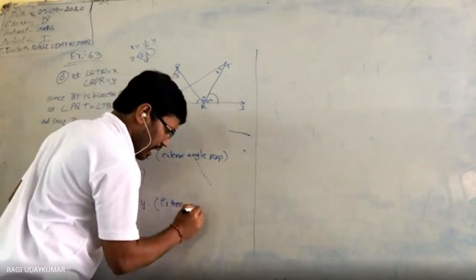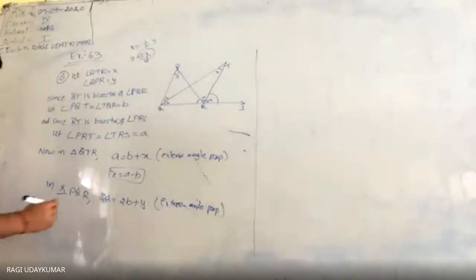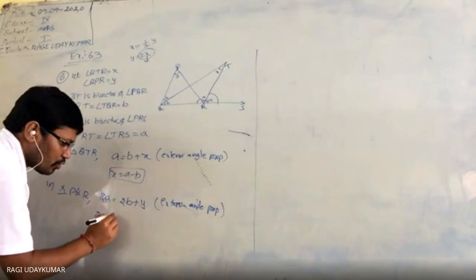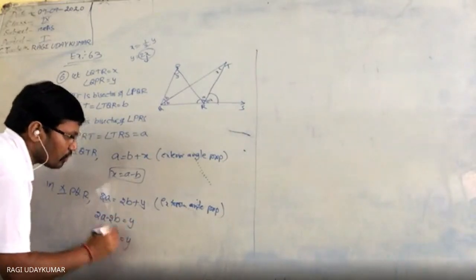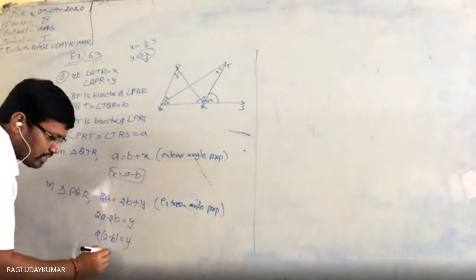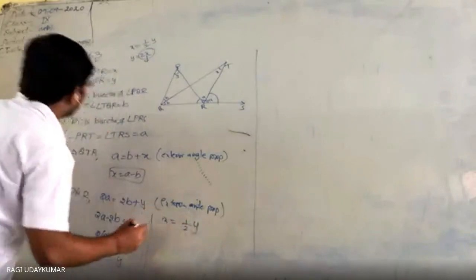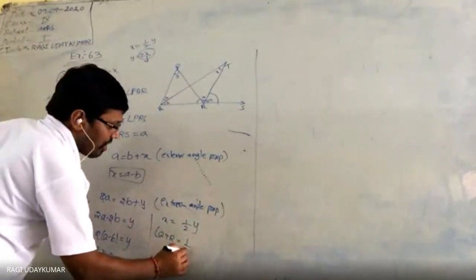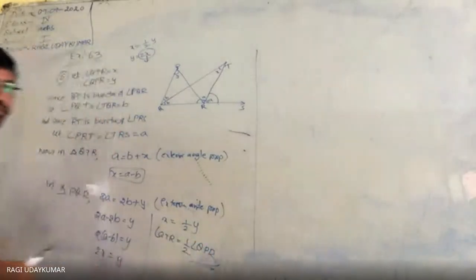Now here 2a minus 2b is equals to y. Take 2 common: a minus b is equals to y. And a minus b is equals to x. So 2x is equals to y, and x is equals to 1 by 2 y. x is nothing but angle QTR, which is equals to half of angle QPR. So this is what it asks you to prove.